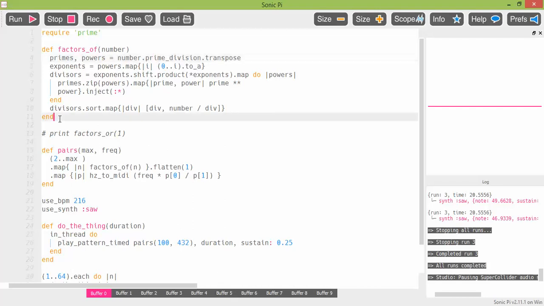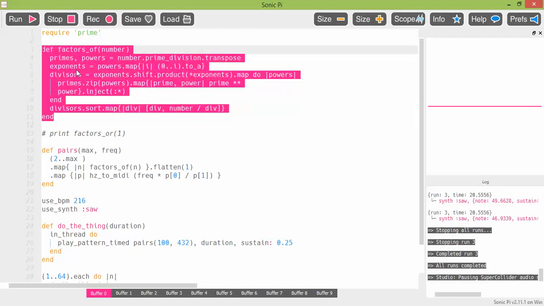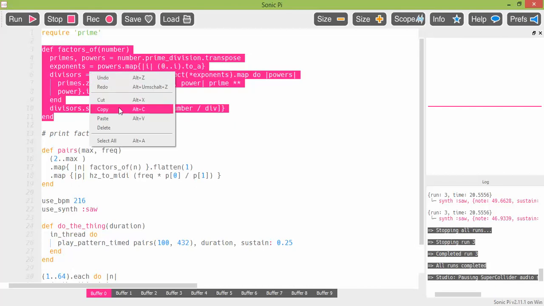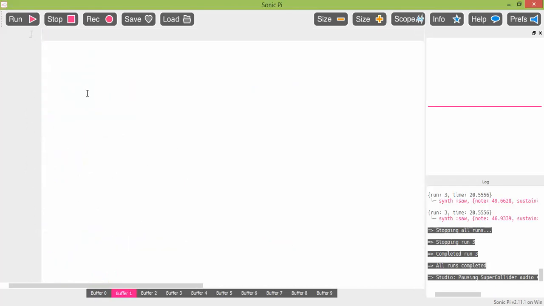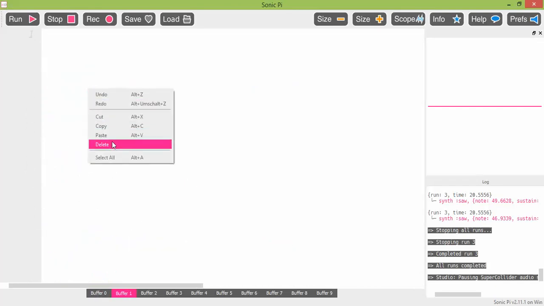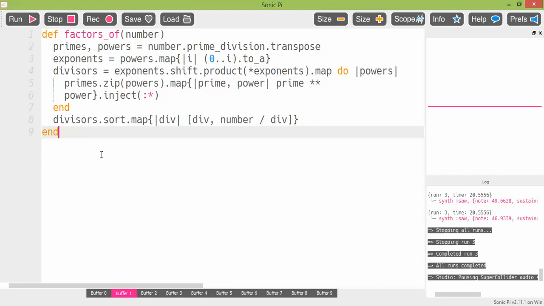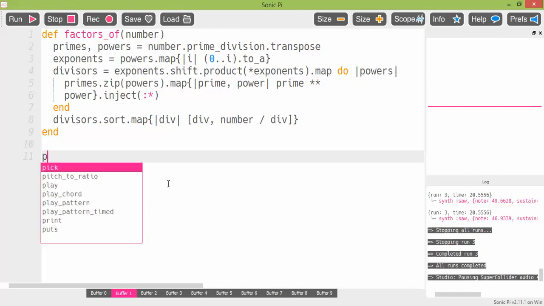I'm going to start with this function here that we wrote. Paste. I'm going to assume you know a little bit of code, or if you don't, I'm not going to explain how this whole thing works, but we're just going to see what it does.